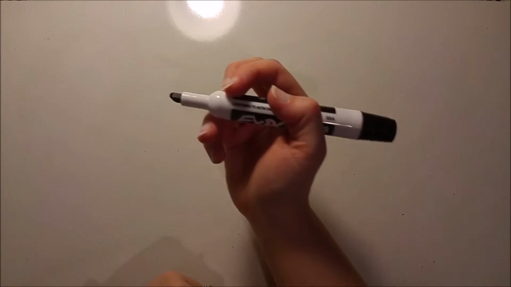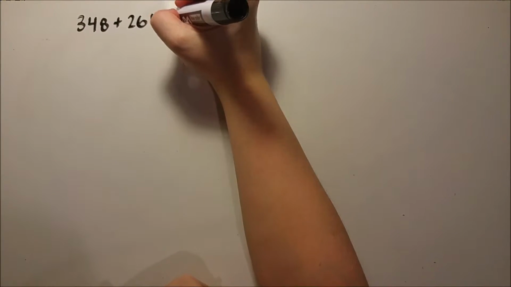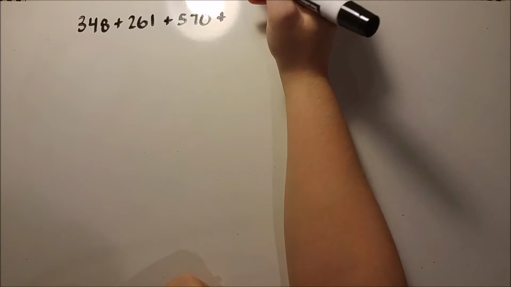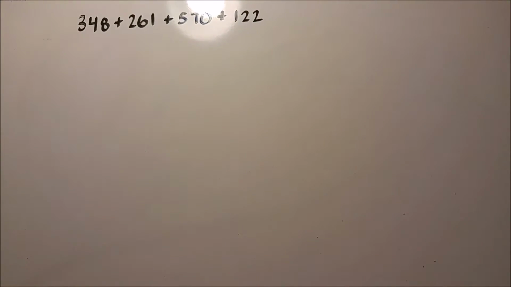Now this method, or thinking of them as columns, comes in especially handy when you are adding more than 2 numbers together. So say you had 348 plus 261 plus 570 plus 122. So we want to add all those together.